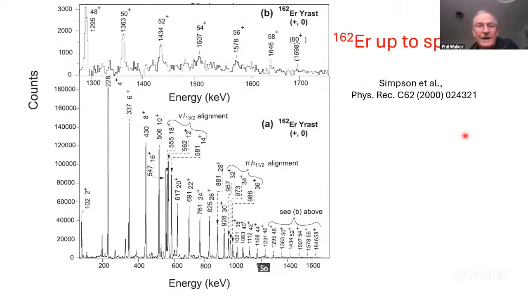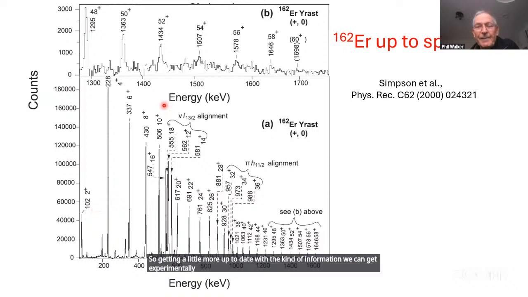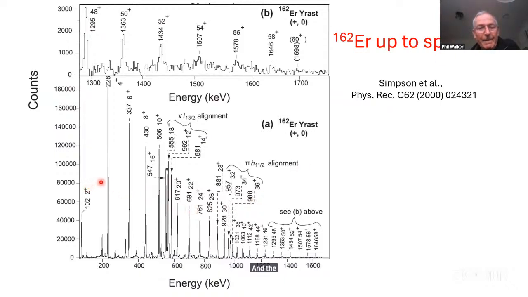Getting a little more up to date with the kind of information we can get experimentally, here's a spectrum for erbium-162, which is seen up to 60 units of angular momentum, with the spectrum starting from the slower rotation and going up.